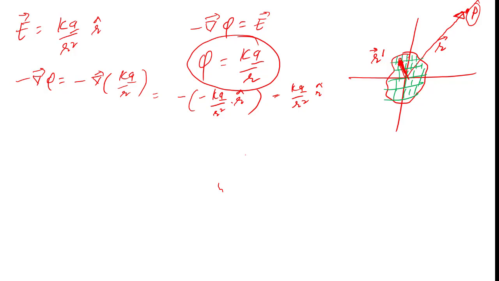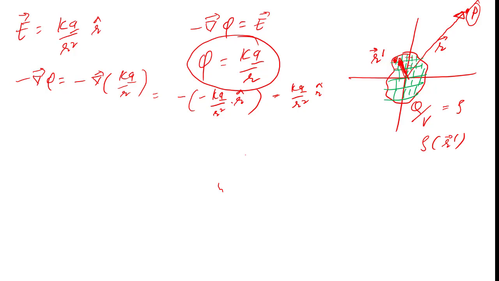Then I'm going to go over each cell and sum their contributions. First I'm going to look at the contribution of one cell. To do that, let's say this entire charged body has the total charge of Q and a volume of V. In general, we can just take rho as a function of r prime itself.